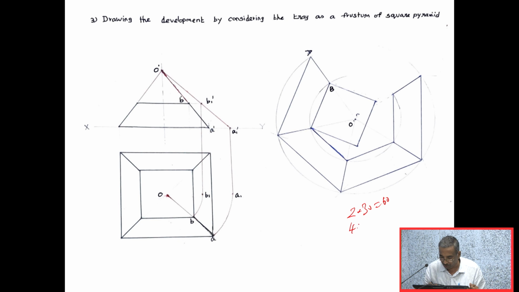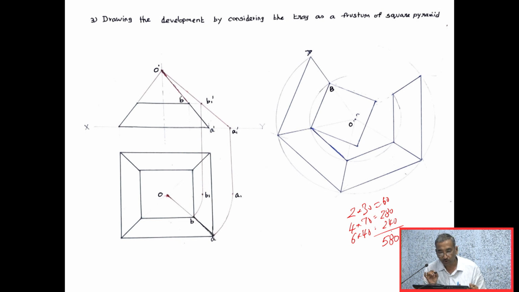So we have 4 into 70, that will be 280. Then we have this 40 mm, 1, 2, 3, 4, 5, 6. So 6 into 40 mm, that will be 240 mm. So the total length of cutting here is 580.